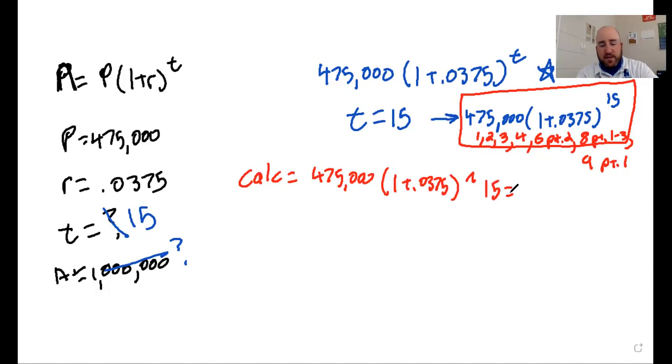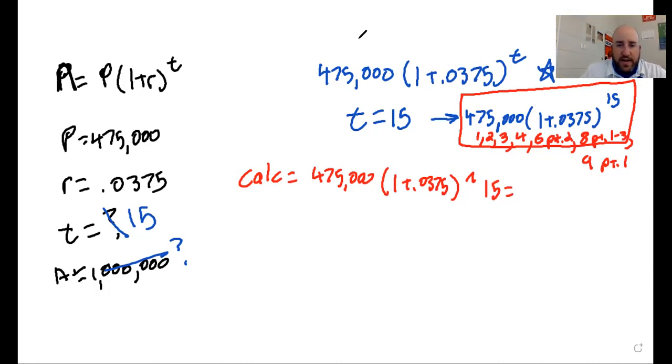Let me pull mine up so y'all can see it. 475, parentheses 1 plus 0.0375, caret 15. All right, so hold it up to the camera. Make sure I got my finger on the right arrow. 475, 1 plus 0.0375, parentheses, caret 15. All right, and then you would hit equals.